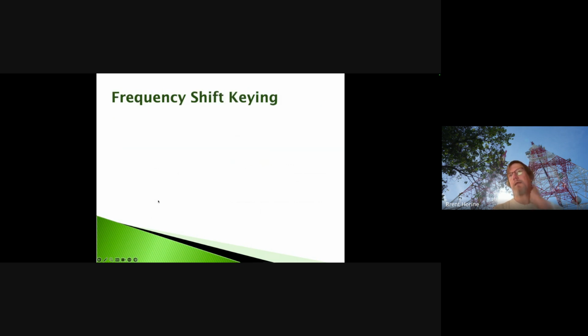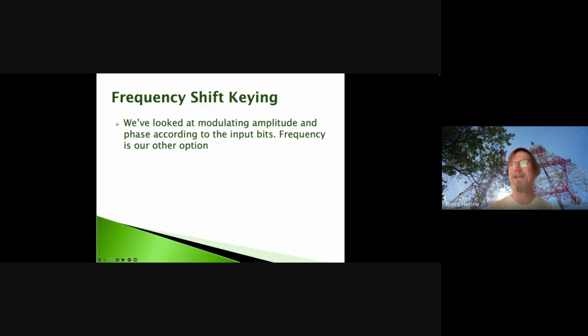That begs the other remaining issue: we've looked at amplitude modulation and phase modulation. Let's look at frequency. We looked at analog FM and mentioned that analog phase modulation is very related to that.